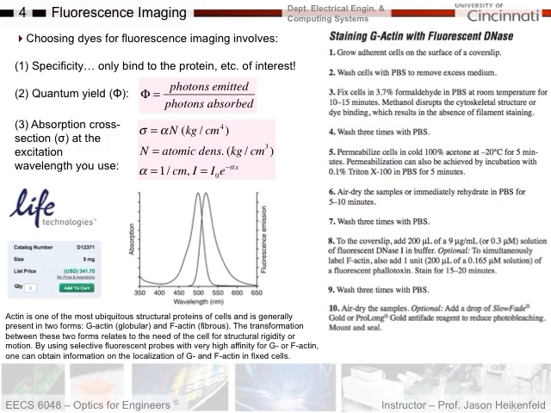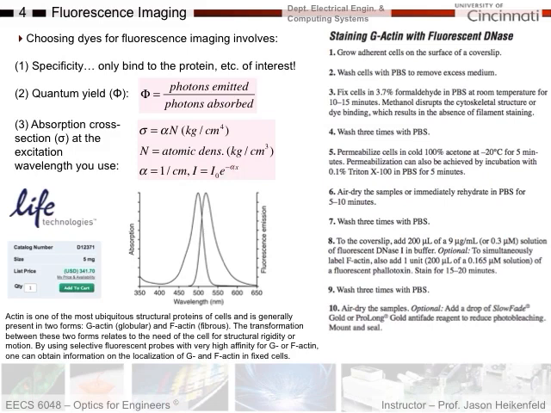And the other thing you want is a strong absorption cross-section at the excitation wavelength. So, you need the light to be absorbed, and so you want a strong absorption. And so absorption cross-section is different than absorption coefficient. We had talked about this for Beer-Lambert law, remember? Where alpha is units of 1 over centimeter, and it goes up here in the exponent when you look at the intensity, how it falls off with distance into a sample due to absorption.